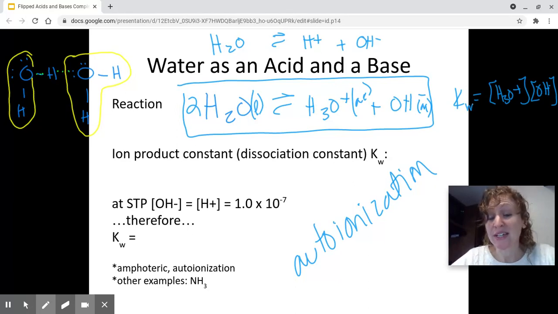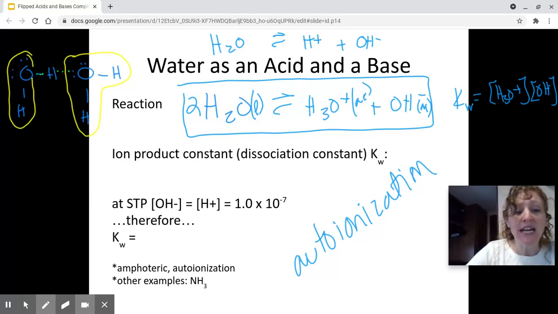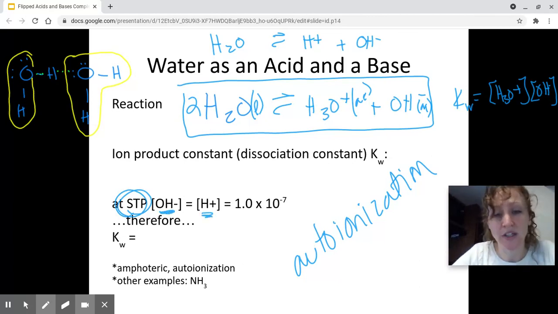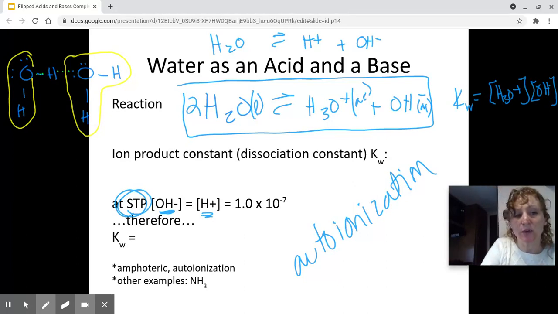Okay, now interestingly enough, at STP, the concentration of hydroxide is going to be equal to the concentration of hydrogen. So notice, if this reaction goes forward, you're going to end up with 2 ions, right? You're going to end up with hydroxide as one of your ions.